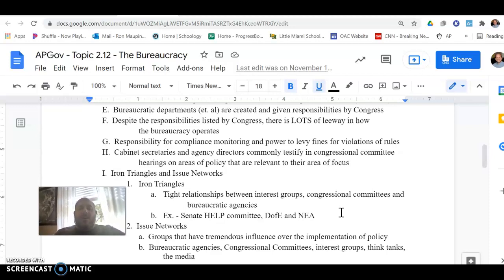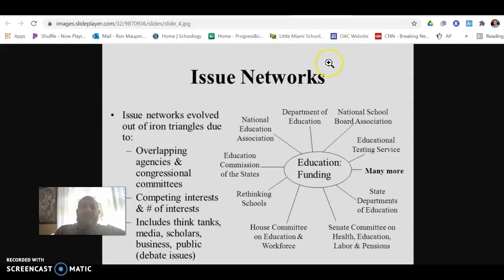Issue networks are much more complex groups that have a broader and more sophisticated impact on federal government policy, in particular the implementation of that policy. It transcends that traditional iron triangle relationship of just three points. It goes much deeper. So let me show you this example right here, focusing once again on education.